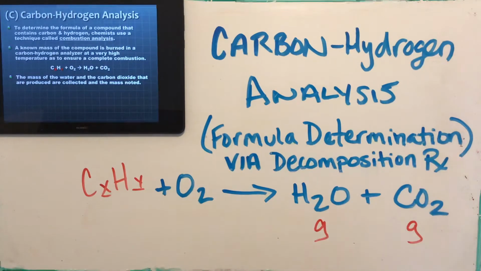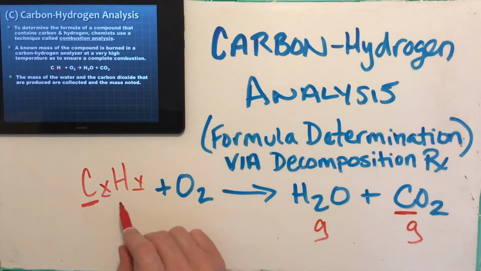Now, how does this relate back to the hydrocarbon? Well, the only carbon going in is in my hydrocarbon. The only carbon coming out is right here. So I'm going to use the amount of carbon, and amount is moles, in my carbon dioxide to figure out the amount of carbon in the formula.